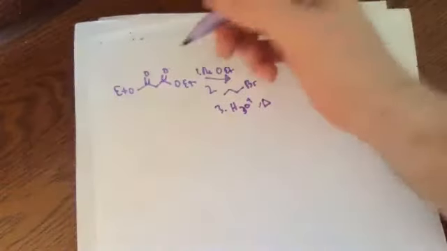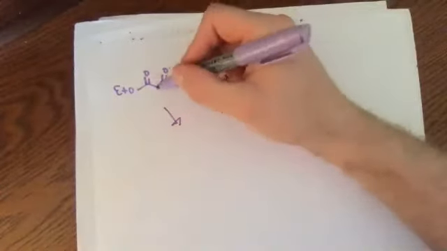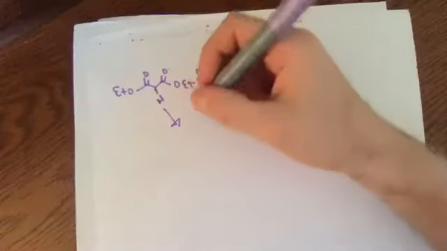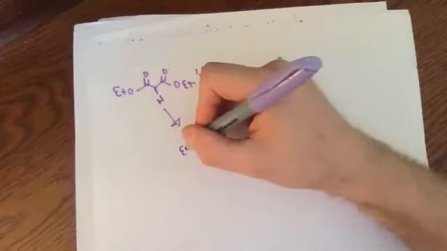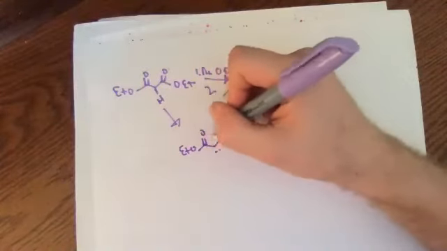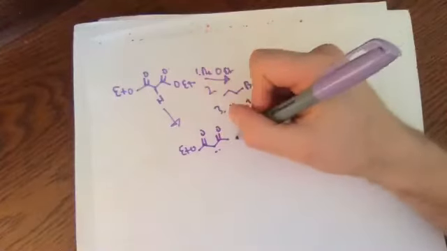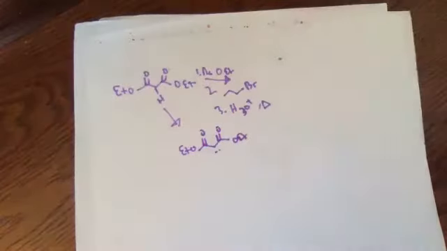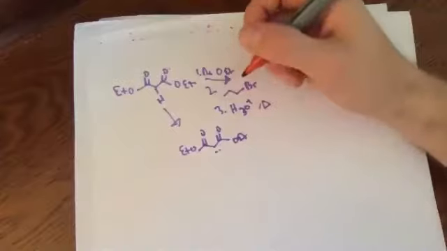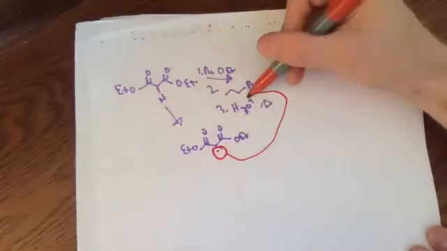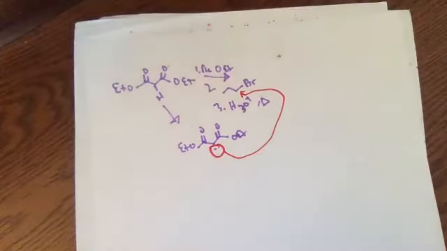So first up, going to deprotonate at this alpha position in between these two esters here. Technically, make an enolate, but I'm just going to draw this resonance structure. Our electrons could attack this bromine here.